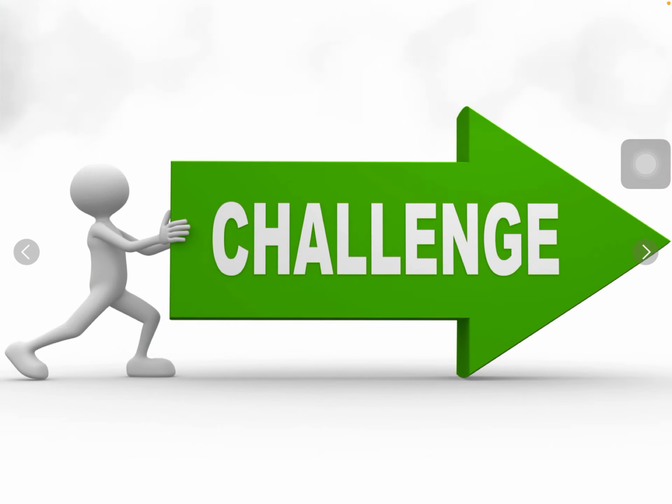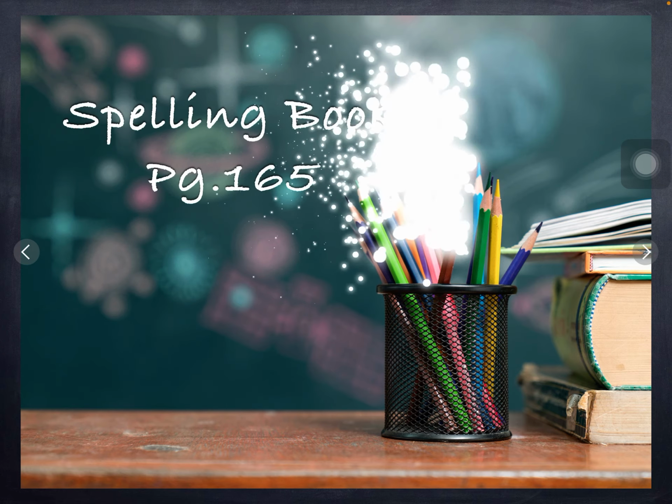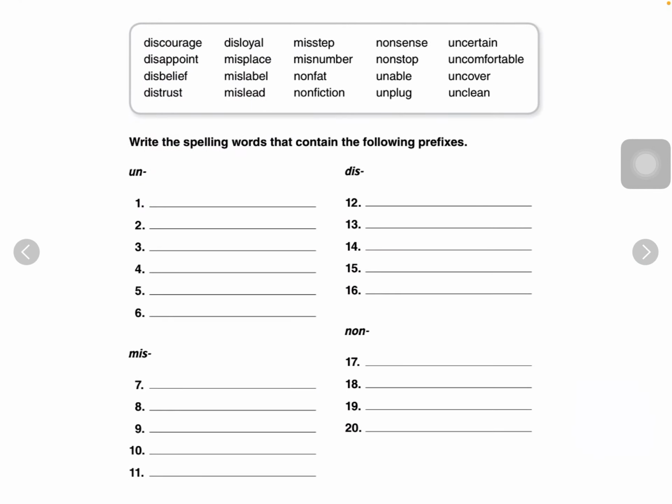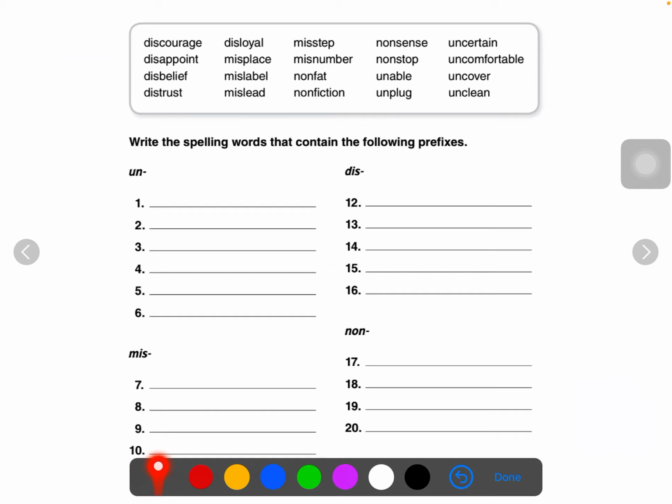Evaluation, your spelling book, page 165, very easy. You will just write the spelling words that contain un, like unplug, unable, uncover, unclean, uncomfortable, and uncertain. This is un. Then we have mislabel, mislead, misplace.